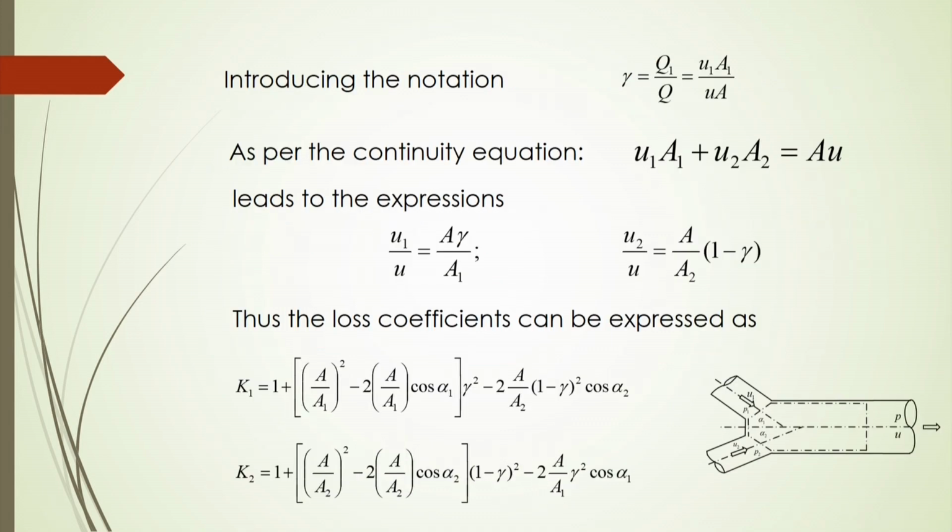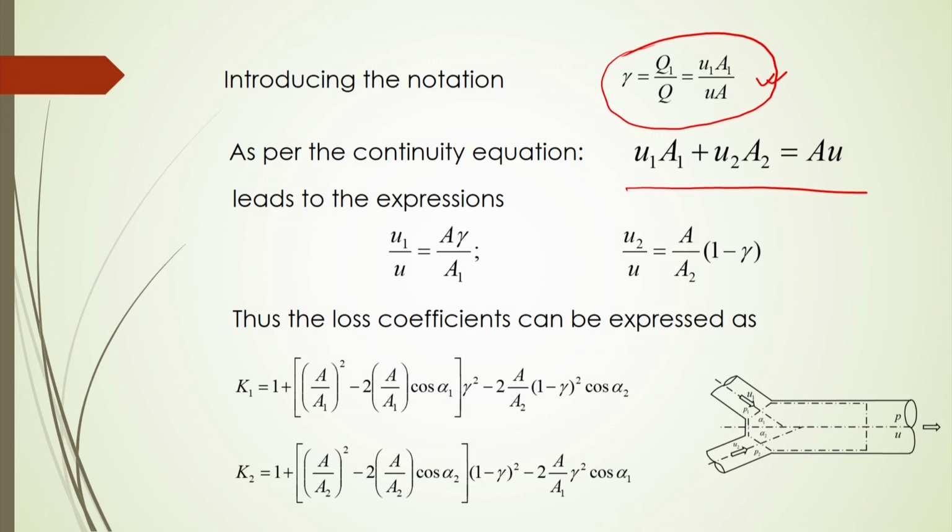Now, if we introduce the notation gamma as q_1 by q, that will be equal to u_1 A_1 by u A based on the mass conservation equation, and we can write u_1 A_1 plus u_2 A_2 will be equal to A into u.